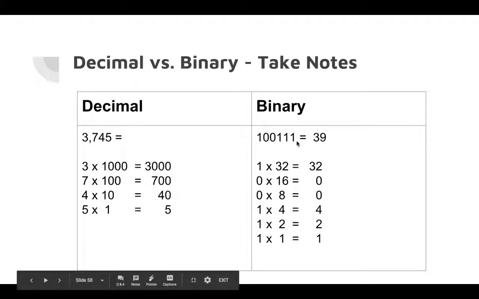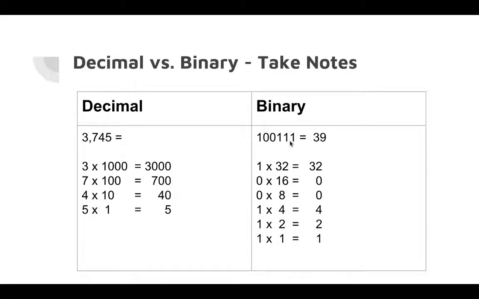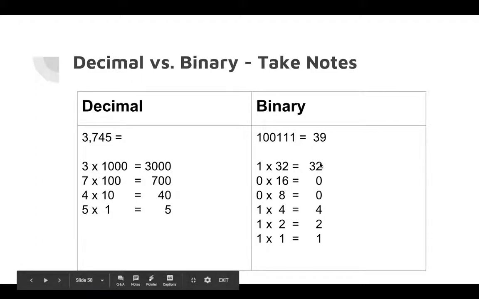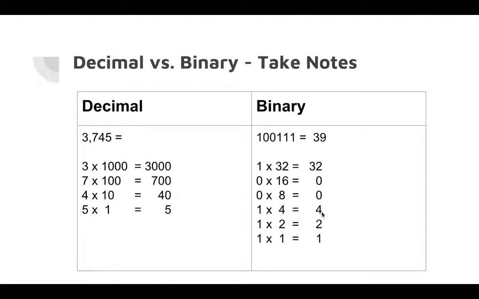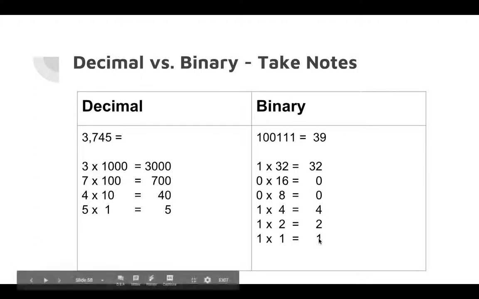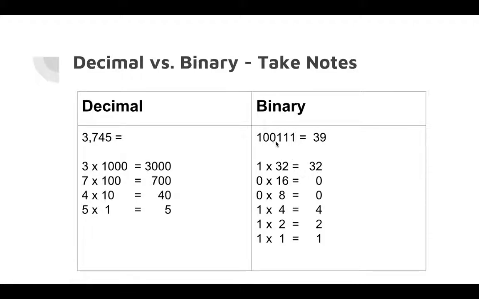For example, here we have a 1, a 2, a 4. We don't have an 8 or a 16, but we have a 32. If we add these numbers up, wherever there's a 1, 32 plus 4 plus 2 plus 1, we get 39. So 100111 is equal to 39.